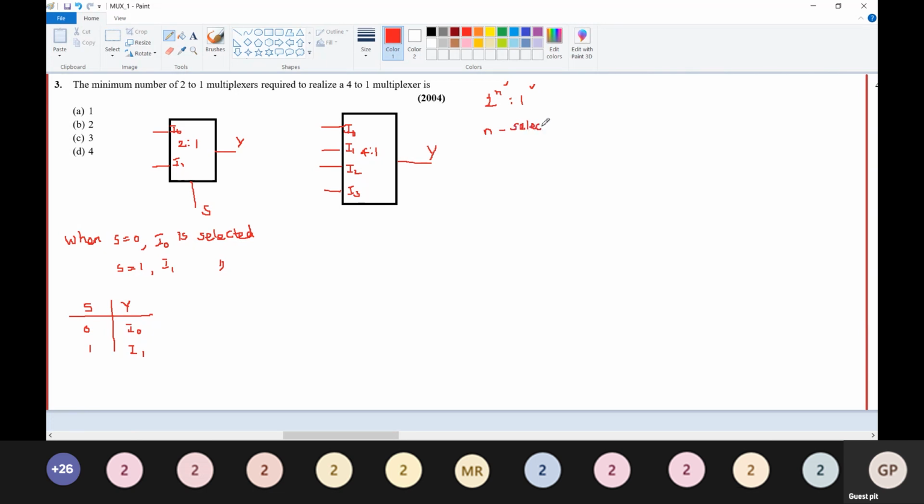So 2 power 2 to 1, the number of selection lines is 2. That's one, so this is your MSB.